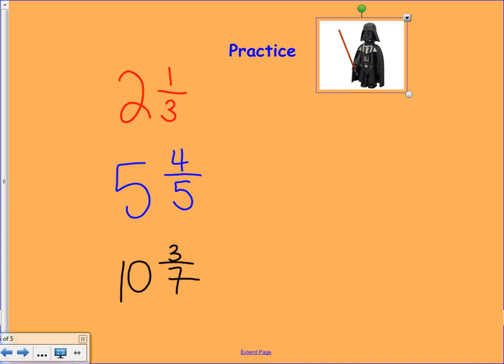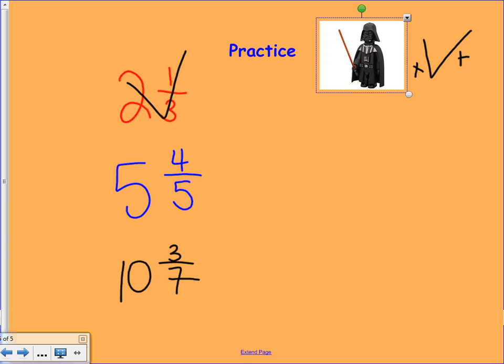Did you use quality check? Remember, multiply, add. So the first one, put our check mark. Do you know the correct answer?